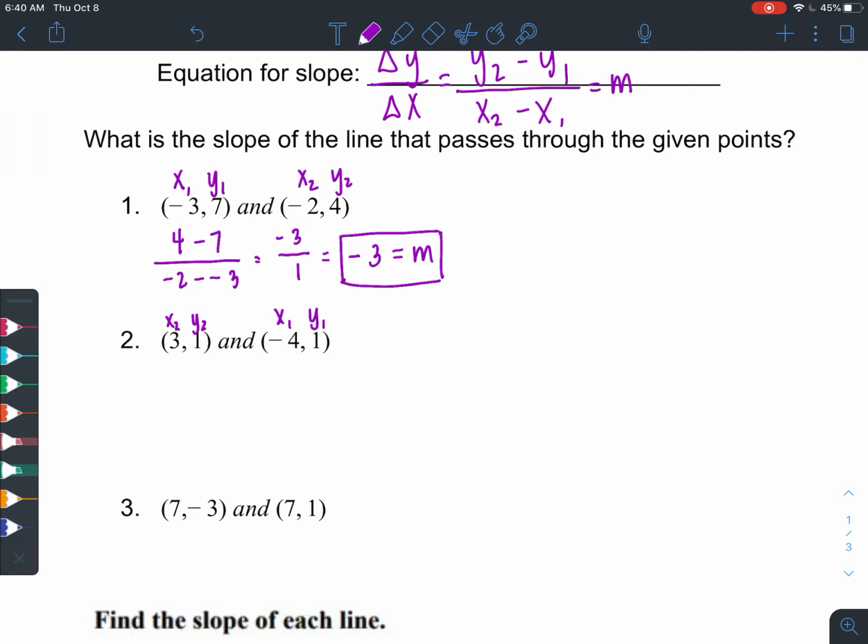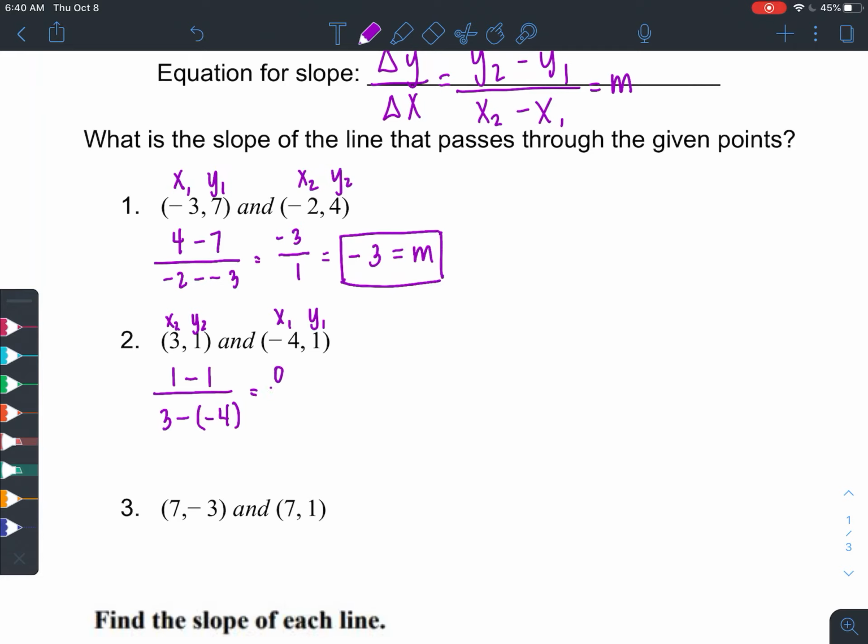So let's go ahead and do y2 minus y1. So I have 1 minus 1 over x2 minus x1. All right, those parentheses don't mean multiplication. It's just a different way of writing negatives and subtraction.